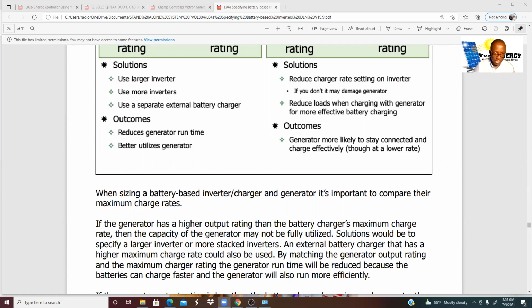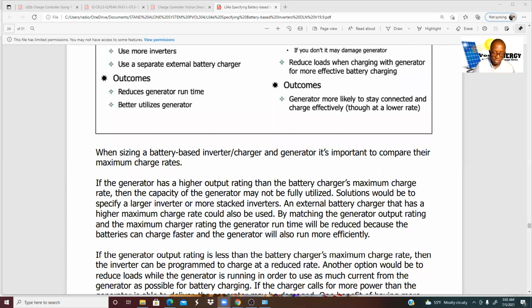If the generator has a higher output rating than the battery charger's maximum charge rate, then the capacity of the generator may not be fully utilized. The solution would be to specify a larger inverter or more stacking inverters.